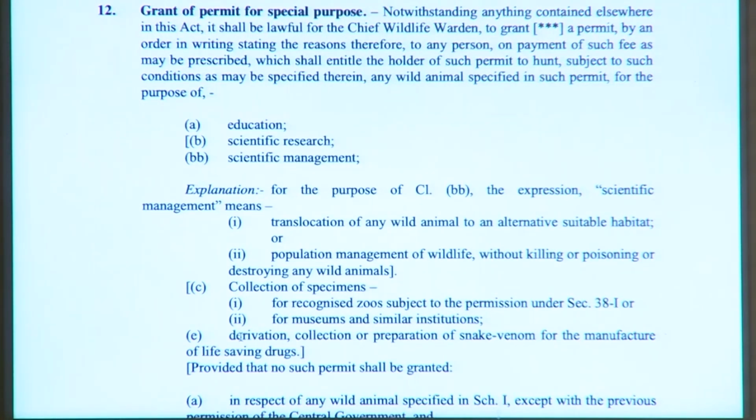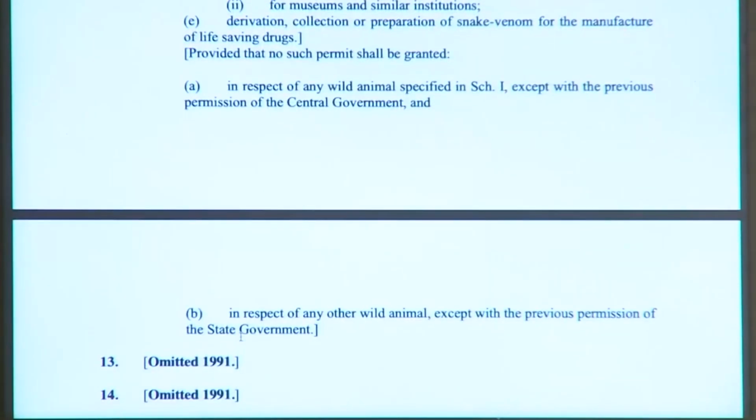But here it says provided that no such permit shall be granted in respect of any wild animal specified in schedule 1 except with the previous permission of the central government, and in respect of any other wild animal except with the previous permission of the state government. So, these are the riders that are provided even in section 12.